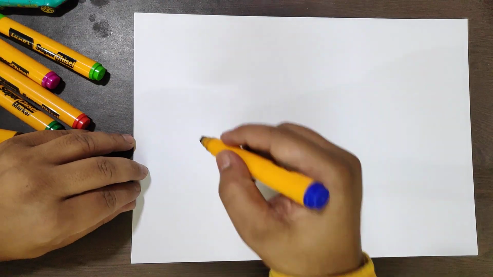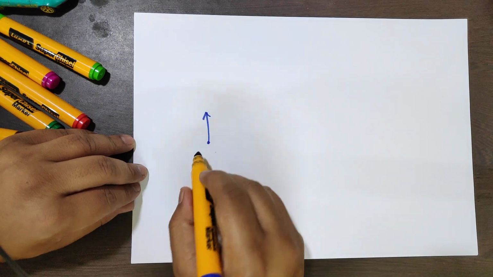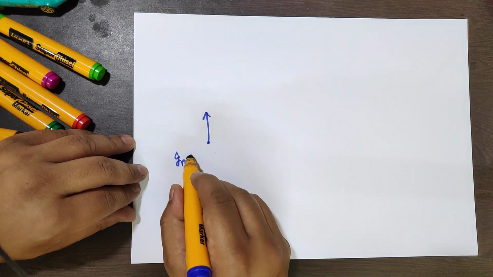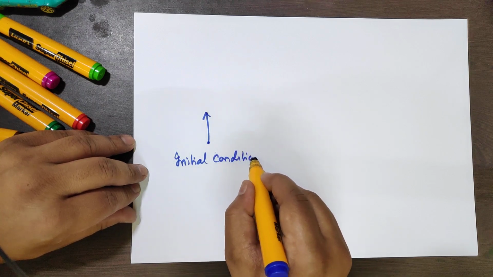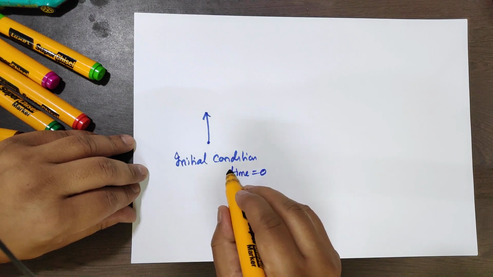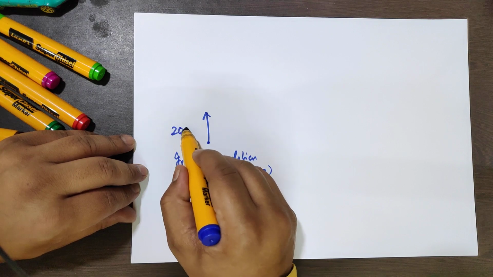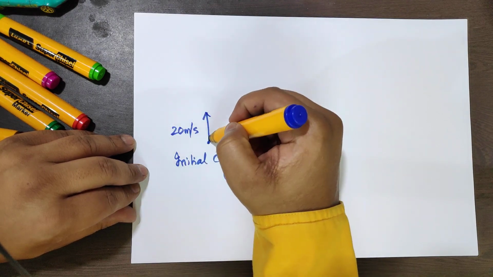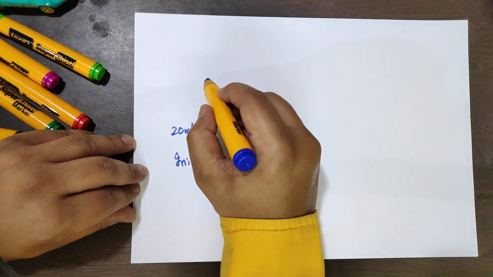So it's like this. So thrown here. Suppose the starting phase, the initial condition means here the time is 0. T is variable. Then it was thrown up at 20 meter per second. I mean the stopwatch is set to 0.